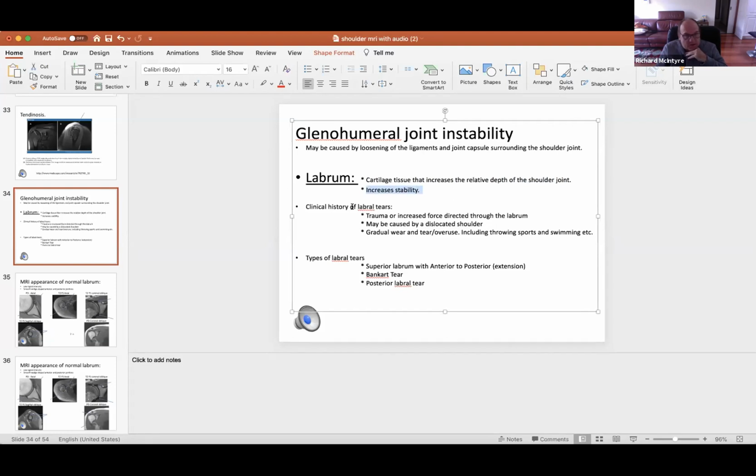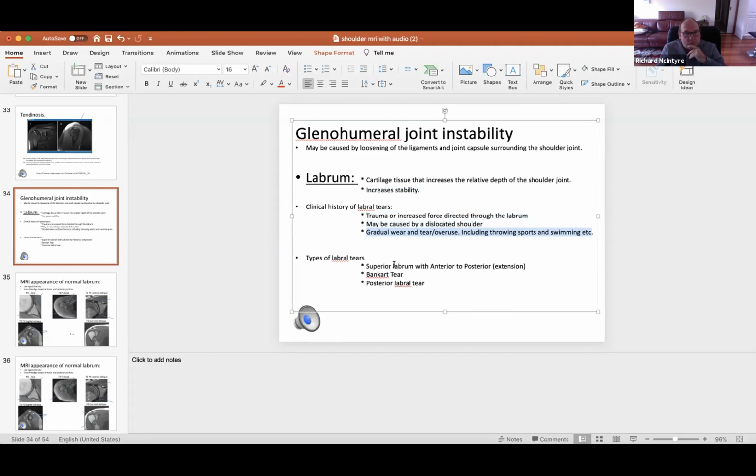Clinical history of labral tears: trauma or increased force directed through the labrum, may be caused by a dislocated shoulder or gradual wear and tear or overuse. Swimming, throwing, sports, etc. So we've got three types of labral tear.